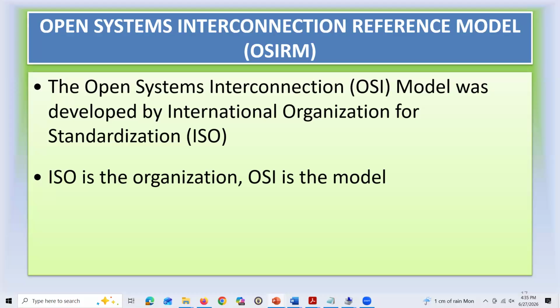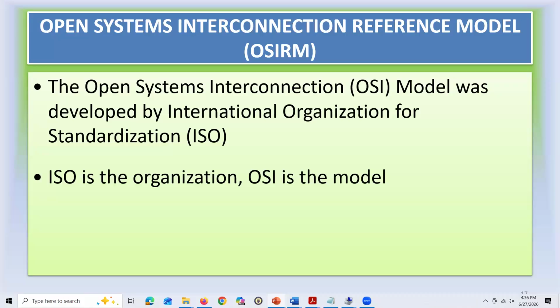And this is being regulated by an international body called ISO. Even though the OSI and the ISO are similar characters, they are arranged in the opposite order. The full meaning of OSI is Open System Interconnection, whilst ISO is International Organization for Standardization.